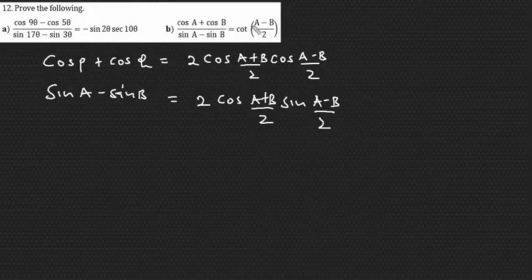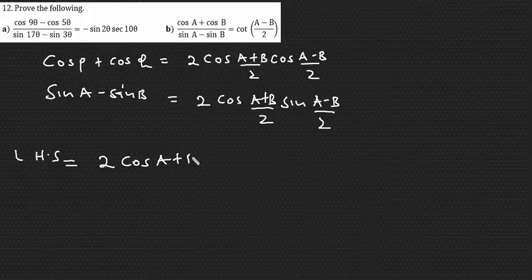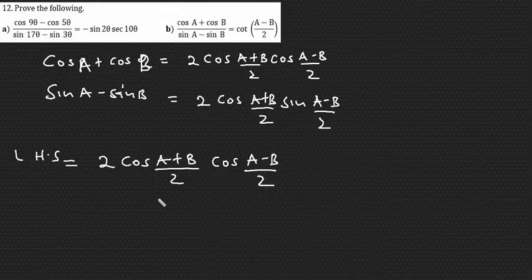So cos A plus cos B, that is the left hand side. We shall get 2 cos A plus B divided by 2 and cos, okay, this is A and this is B, let me use that. So this is going to be 2 cos A plus B over 2, then cos A minus B over 2.